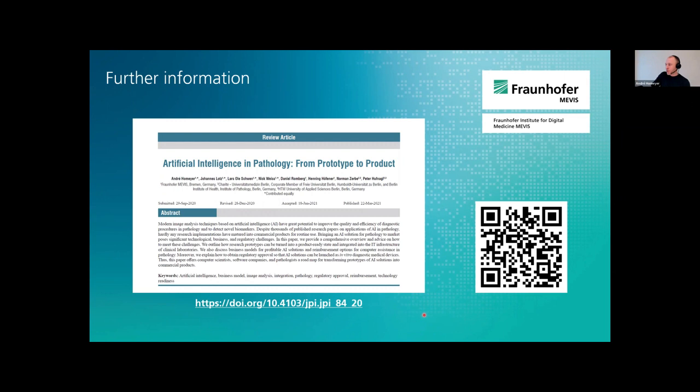From my point of view, the main point that's holding AI back at the moment is really not the AI itself, but the lack of digitization in pathology labs. That's what we also realized in the Empire project. Many of the project partners in the Empire project have been working in this area for quite a long time, and we know about the state of digitization in pathology labs in Europe.